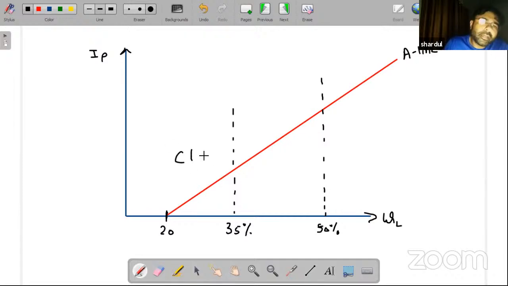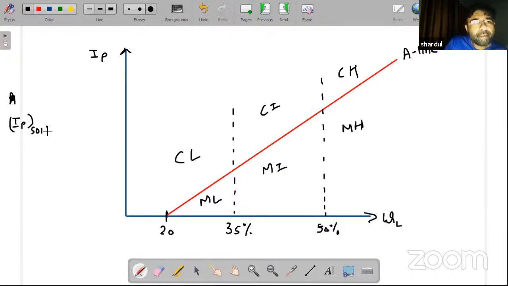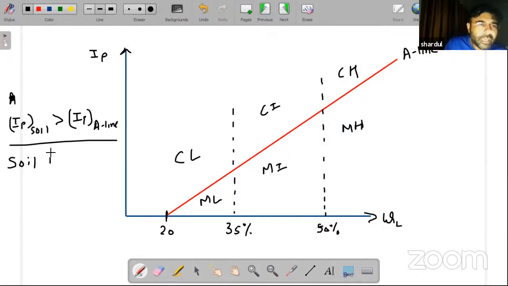Here comes CL, CI, CH, ML, MI, and MH. Since in the question we have already seen that the IP of soil is greater than IP of A line, that means the soil which I am having is lying above the A line.